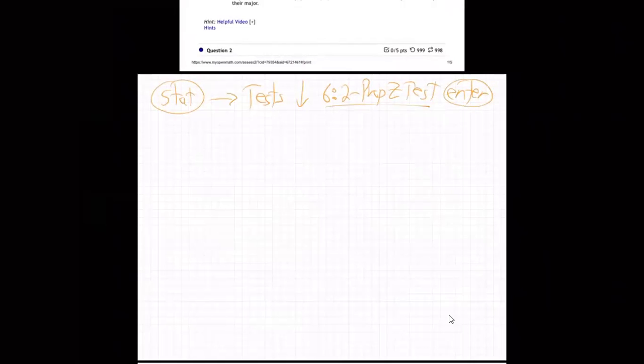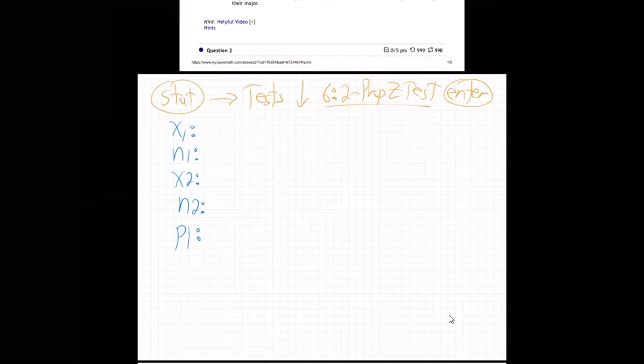As soon as you do, what'll pop up is X1, N1, X2, N2. All right, and then they have P1 and some various options there. So let's go through the numbers.